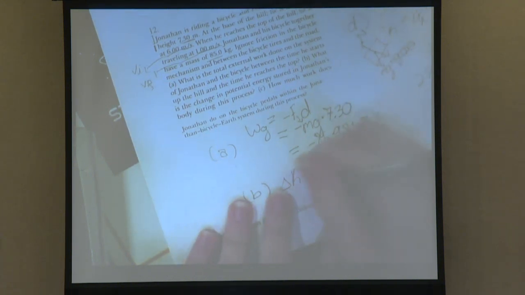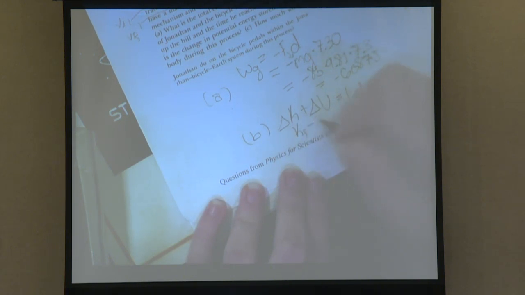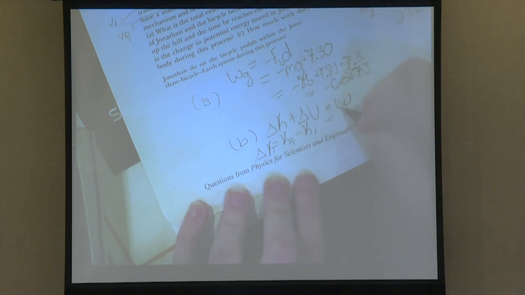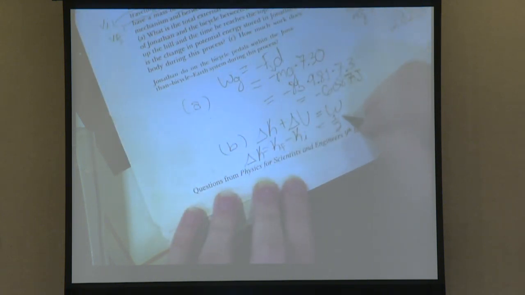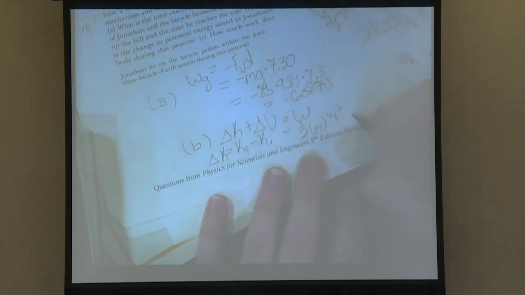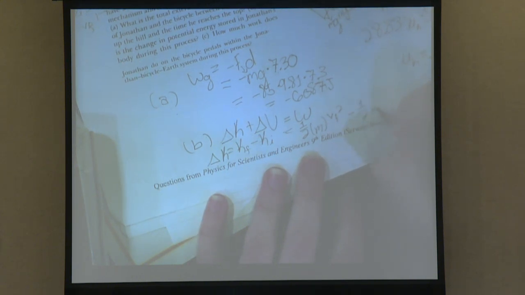Our final speed is 1 meter per second. So we want to do kf minus ki. That's going to be equal to 1/2 times his mass times vf squared, minus 1/2 m v naught squared.